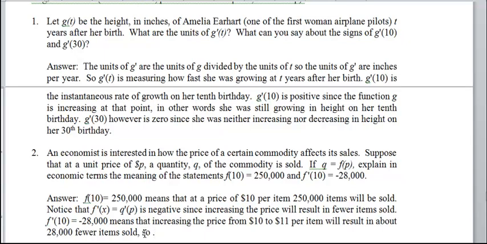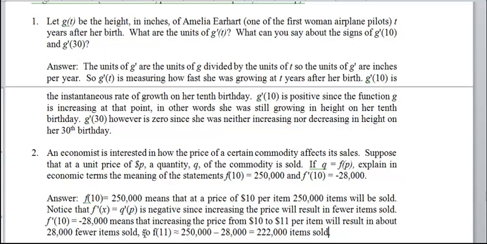So we can say that f of 11 is approximately 250,000, but we're going to subtract off that derivative of 28,000, which is 222,000. So you'll be at about 222,000 items sold.